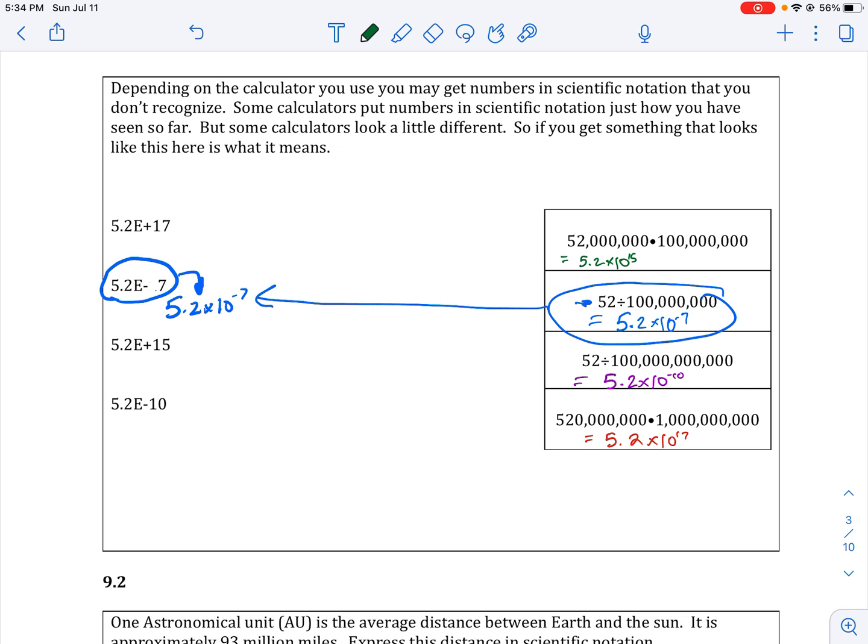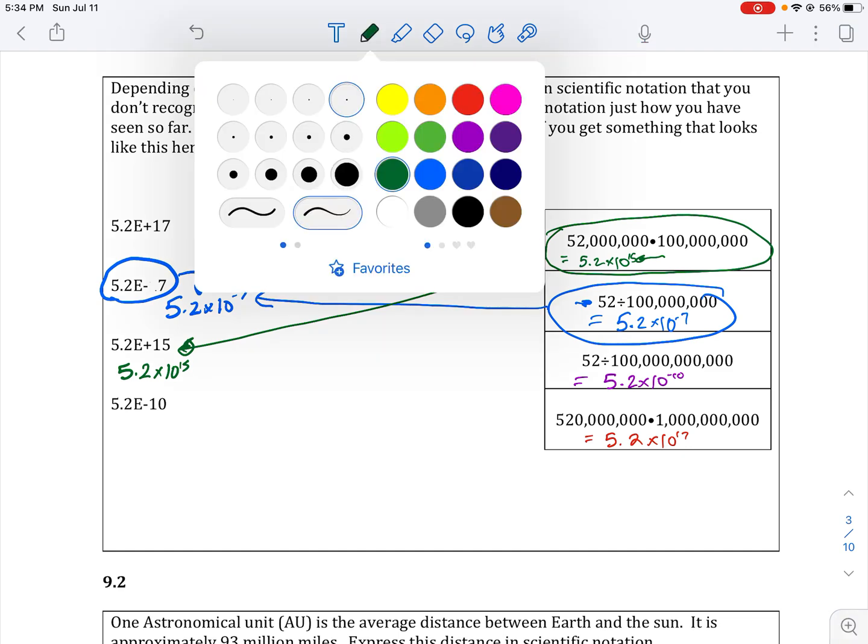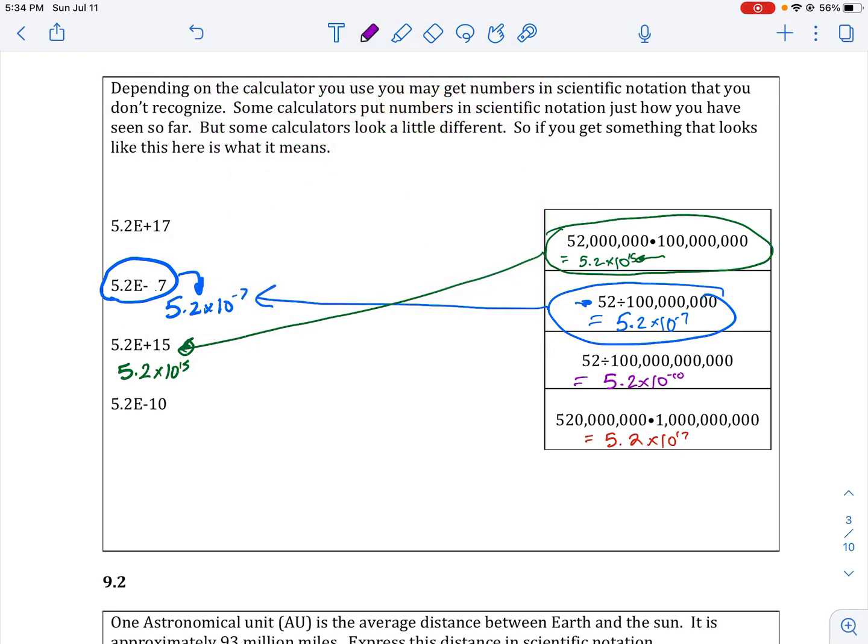This top one right here, our exponent, if you were to do this in a calculator, would be 15. Right here, this just tells you 5.2 times 10 to the exponent of 15. This next one right here, if you were to divide that in a calculator and you get this answer right here, that is this number times 10 to the negative 10th.